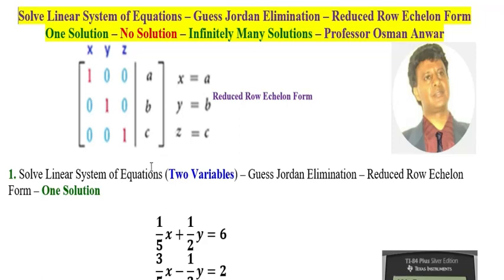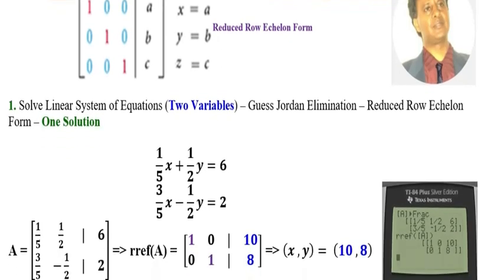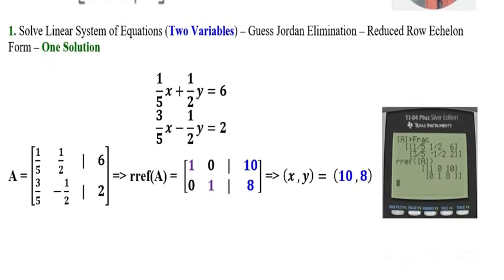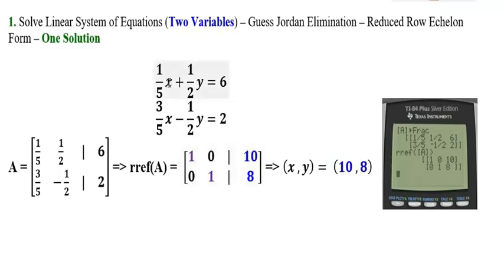Number 1. Solve linear system of equations, two variables, Gauss-Jordan elimination, reduced row echelon form, and it is one solution. The system of equations are 1 over 5x plus 1 over 2y equals 6, 3 over 5x minus 1 over 2y equals 2.